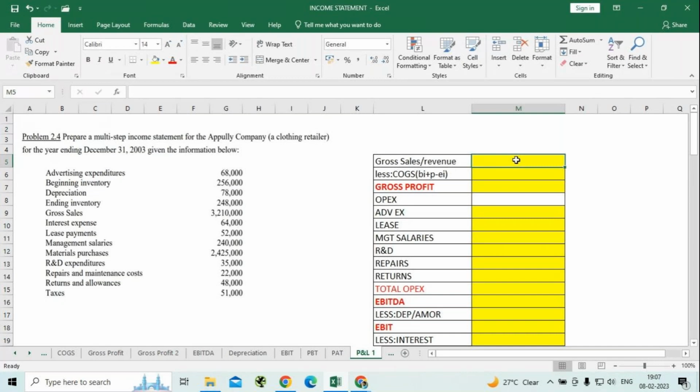Gross sales is 32 lakhs 10,000. Very good. Then the COGS value. Apply the formula and give me the value.